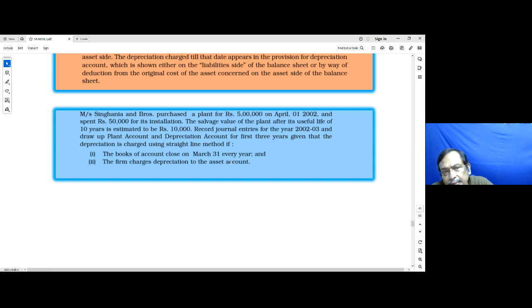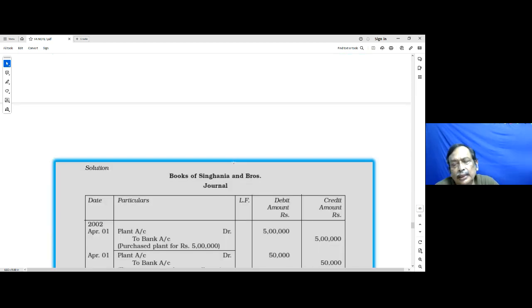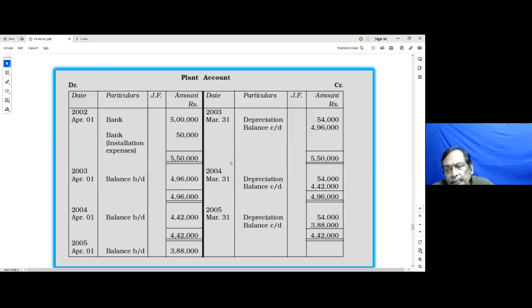Then 5,50,000 minus 10,000, 5,40,000 is the amount on which depreciation is to be charged, and that divided by 10 years comes to 54,000. So that is the calculation I have shown.